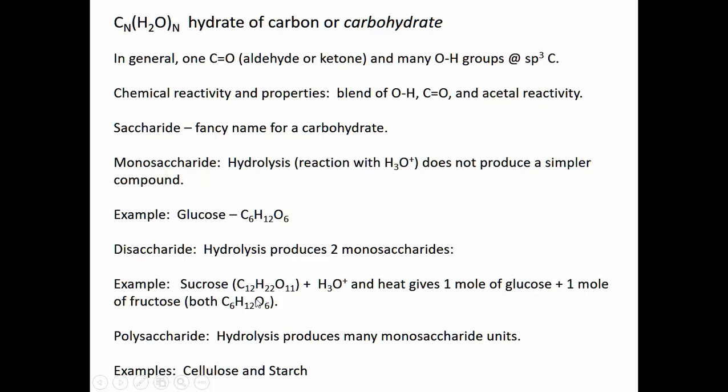Notice that if you add C6H12O6 to another C6H12O6 molecule, you get C12H24O12. So what's the difference between this formula and the formula for sucrose, C12H22O11? The difference is minus water.